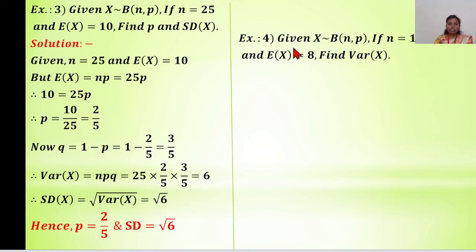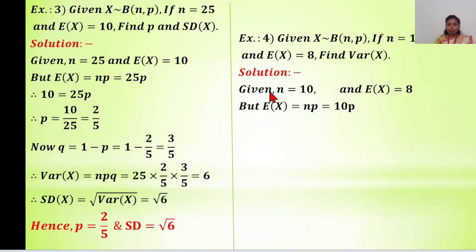Now let us see example number 4. Here given x follows binomial distribution with parameters n, p. If n is equal to 10 and expected value of x is equal to 8, find variance of x. Now let us see the solution of that example.